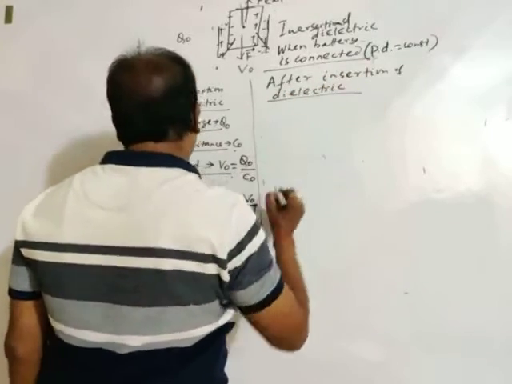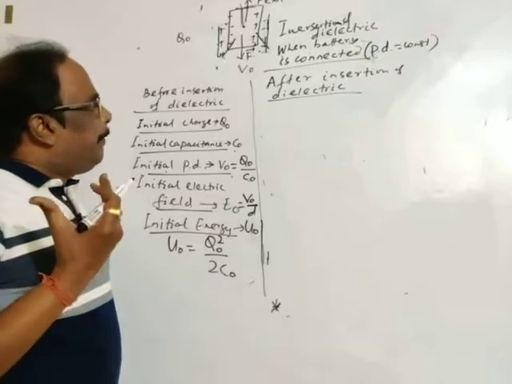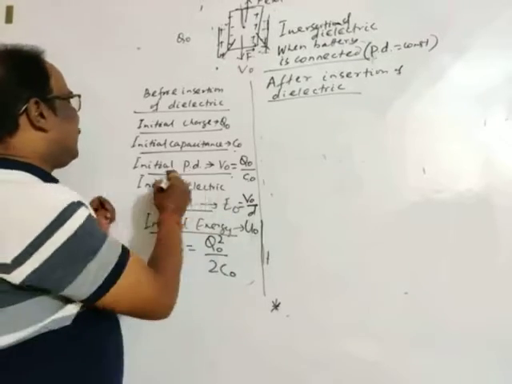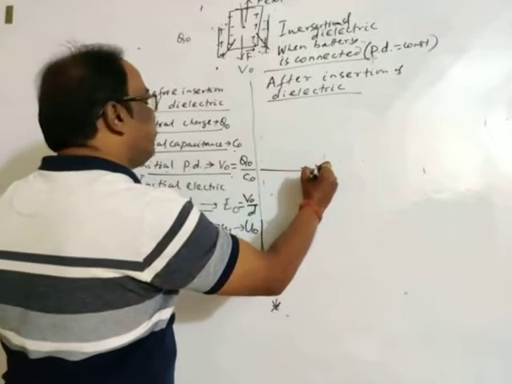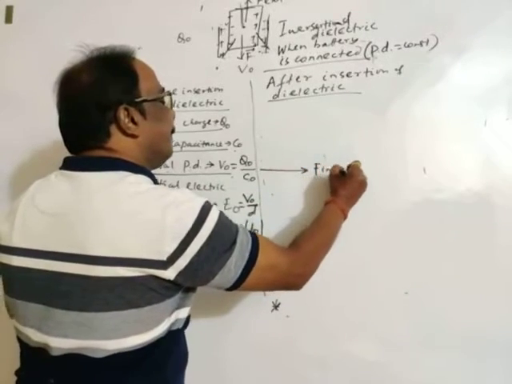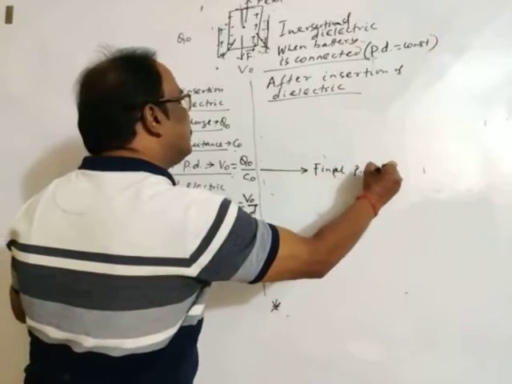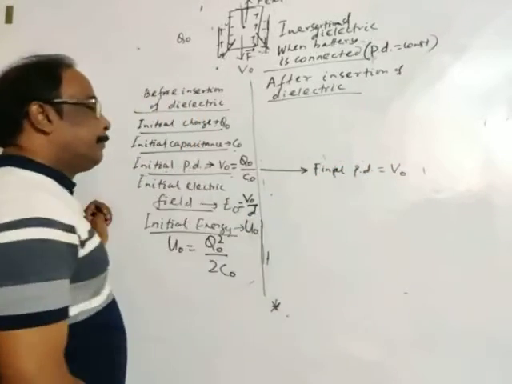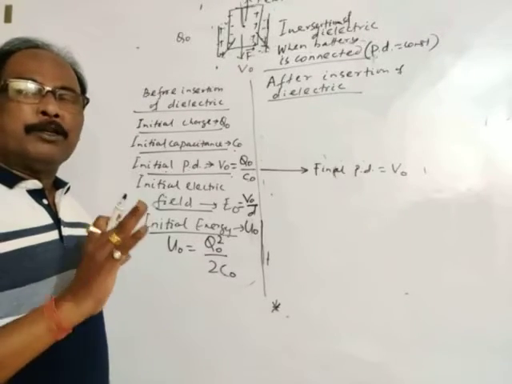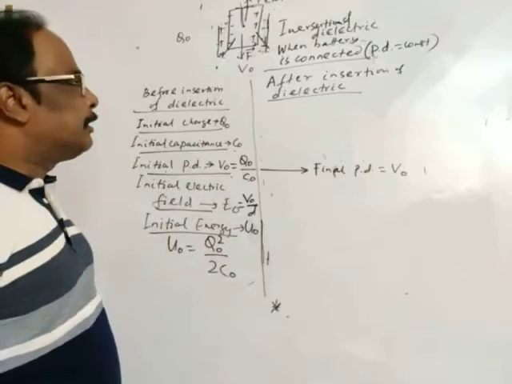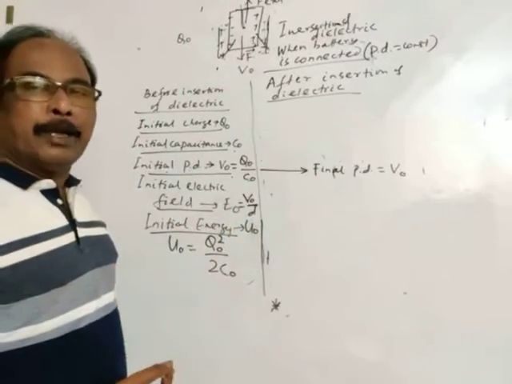After insertion of dielectric, see what we have discussed. If the battery is connected, potential difference will remain constant. I am bringing this first. Final potential difference is also V naught, because potential difference will remain constant if the battery is connected and dielectric is inserted.